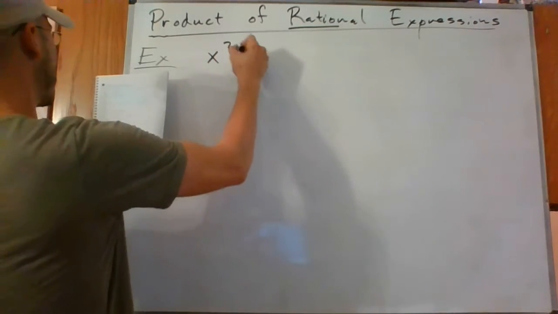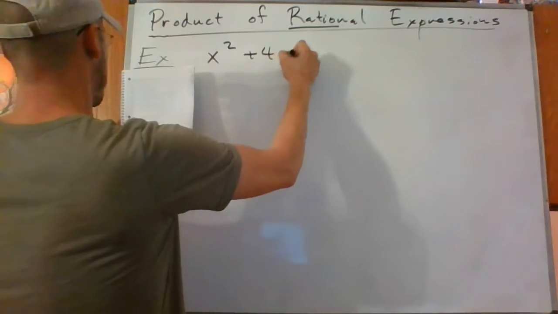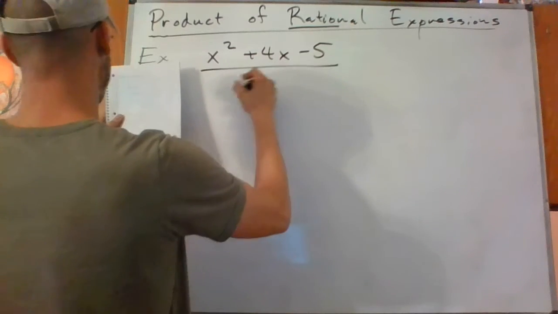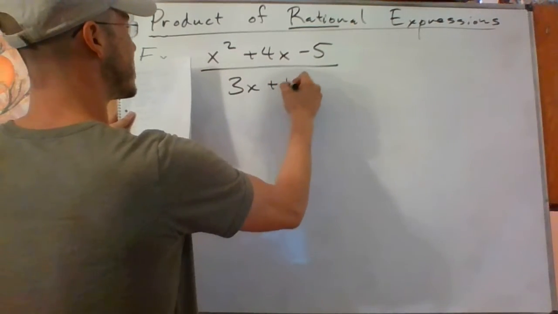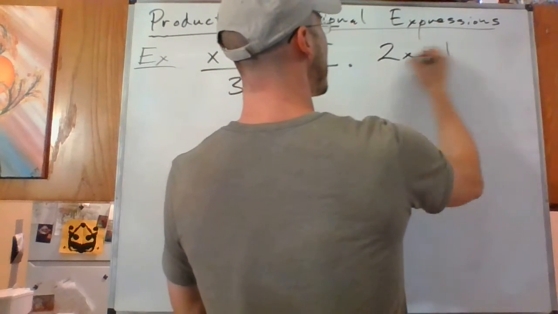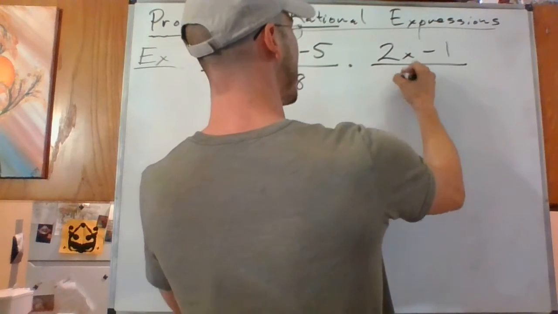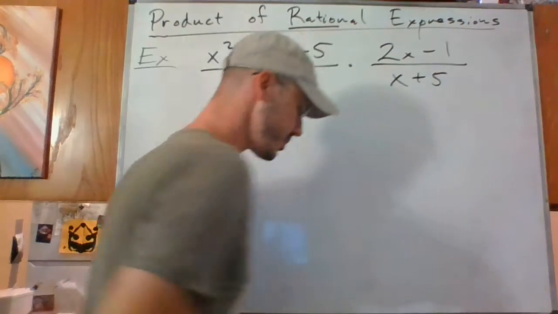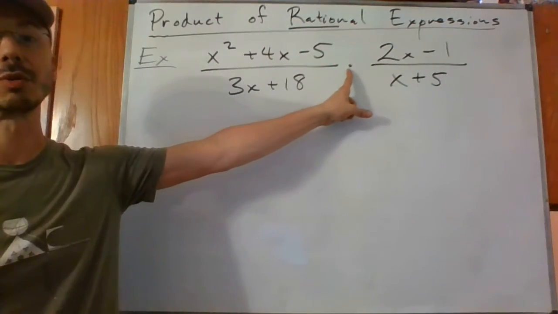For example, x squared plus 4x minus 5 over 3x plus 18, times 2x minus 1 over x plus 5. So product, we're multiplying.